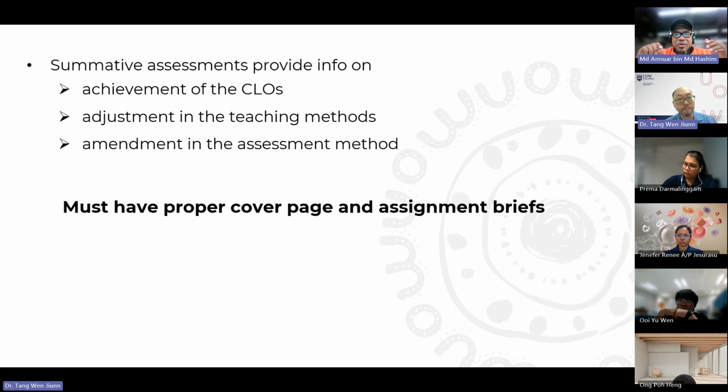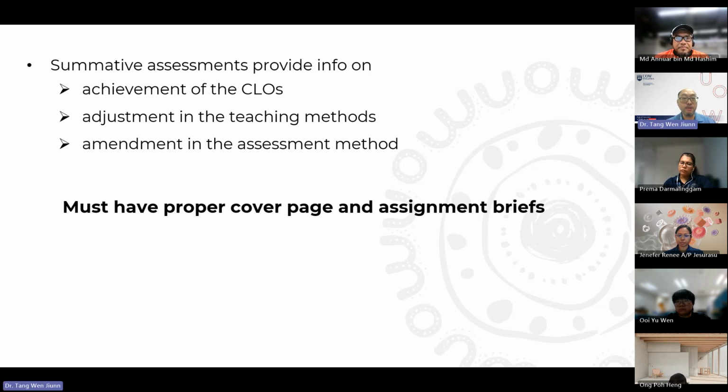So it is up to the individual chef, it shouldn't be standardized. For the formative, it's up to individuals. How do you think is best for you to capture or collect evidence on their performance?